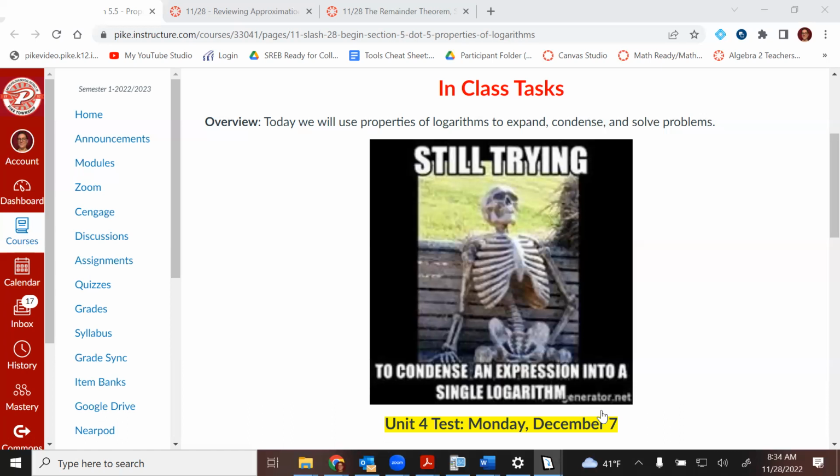X. Plus 2 log base 5 of y, minus log base 5 of w. Absolutely correct, fully expanded.